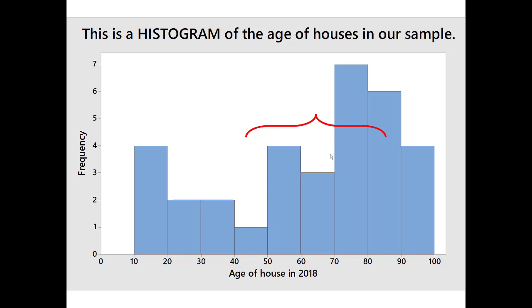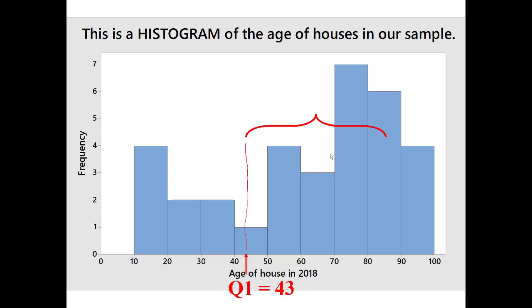We can also look at the interquartile range, which is covered by this curly bracket that we see. So the first quartile sort of ends at 43. That means that 25% of all the houses are 43 years or younger. So if we go here, so basically, oh, fiddlesticks.